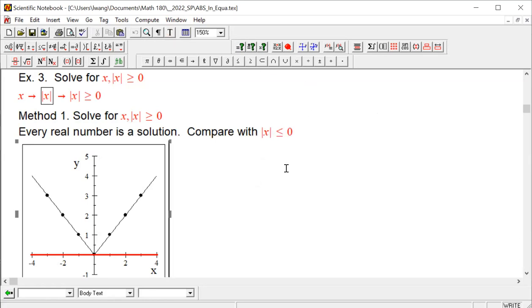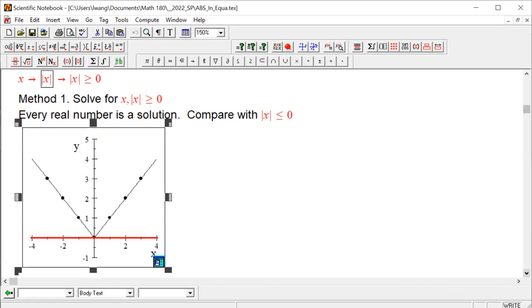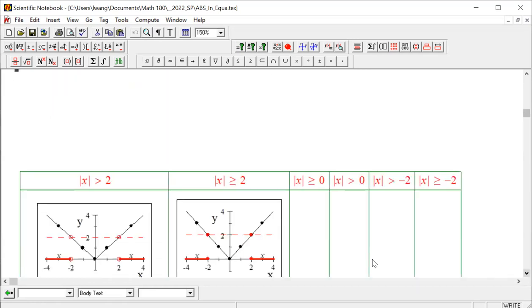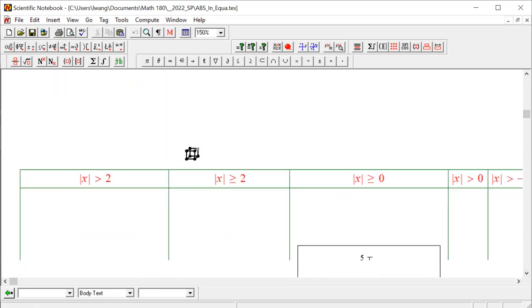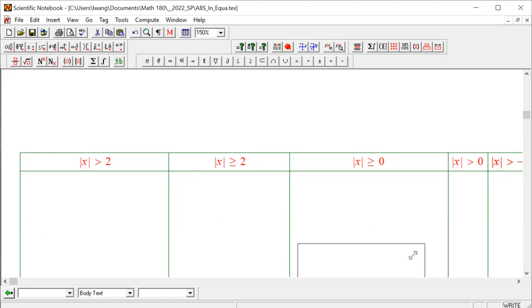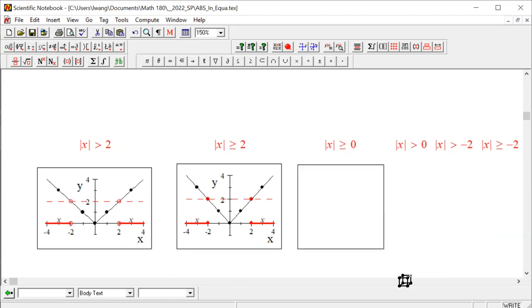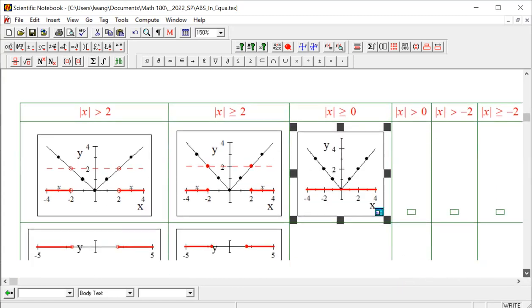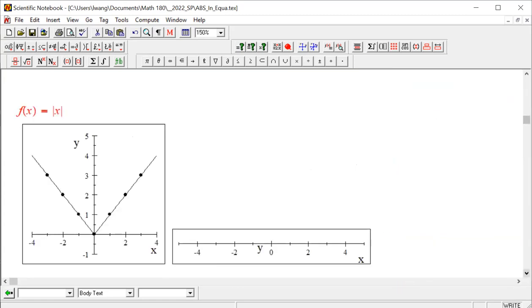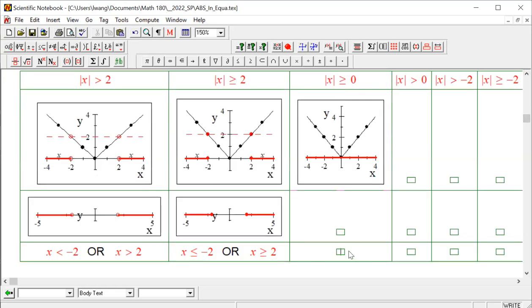One is greater than or equal to 0, the other is less than or equal to 0. So in this case, the solution is all real numbers.